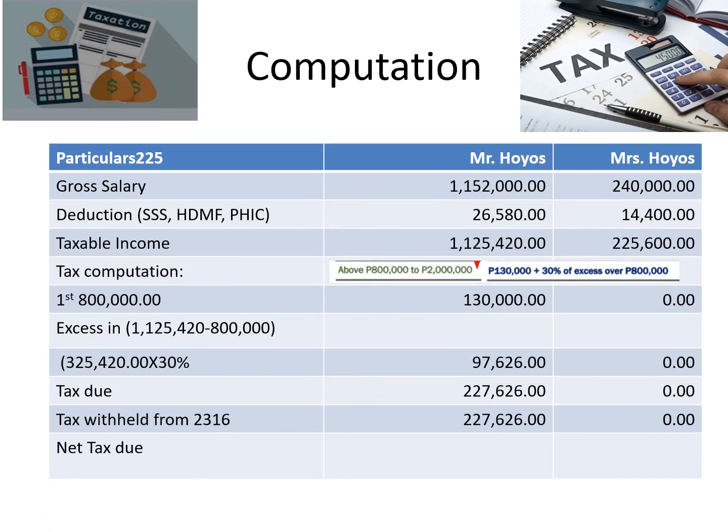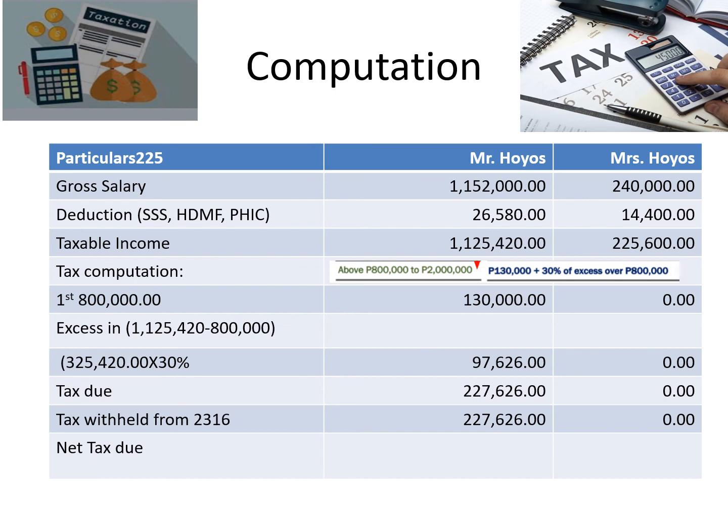Okay. So let's compute for Mr. Huyos. For the first 800,000 of Mr. Huyos, it's 130,000. Then we deduct the taxable income by 800,000. So 1,125,420 less 800,000, you still have 325,420 times 30%, which means 97,626.